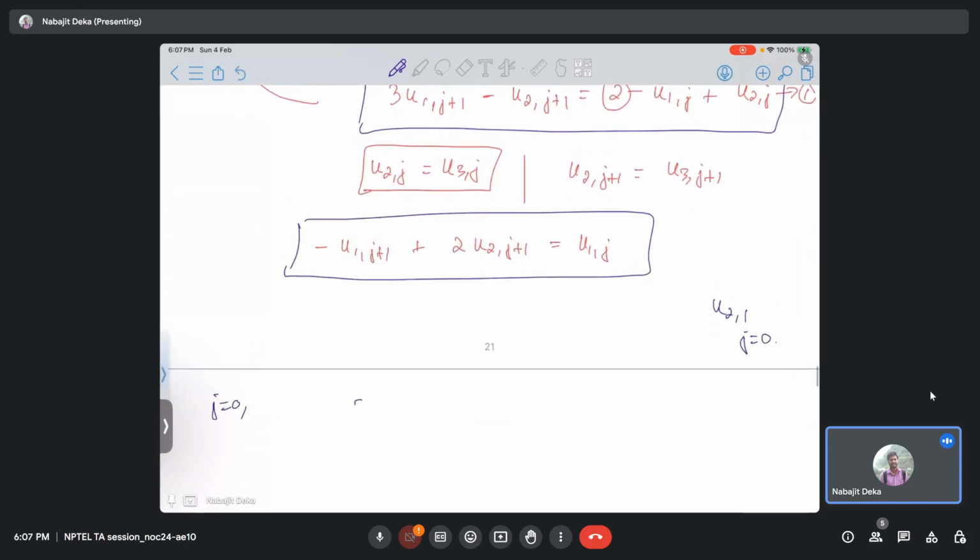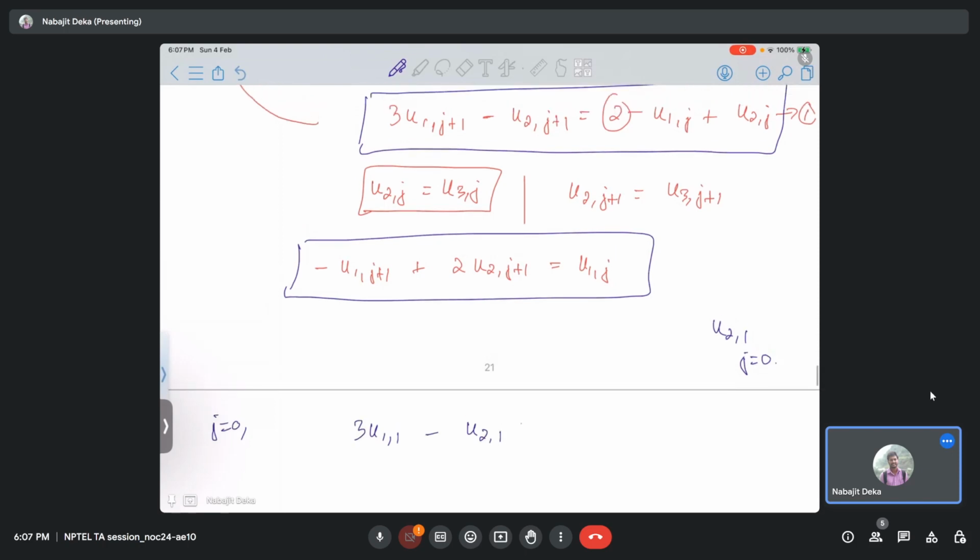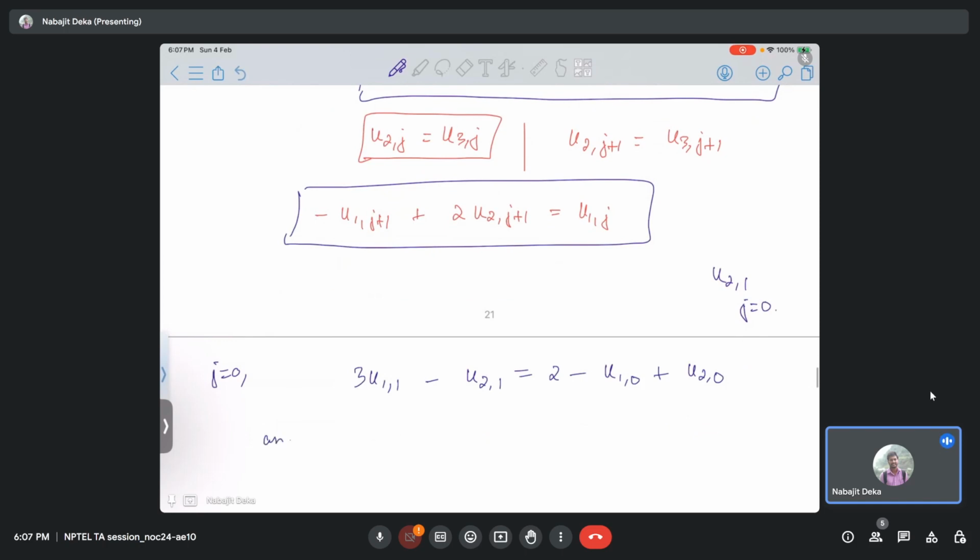We have 3 u1 comma 1 minus u2 1 equal to 2 minus u1 comma 0 plus u2 comma 0, and what we have is minus u1 comma 1 plus u2 comma 1. This is the term that we require, minus u1 comma 0.